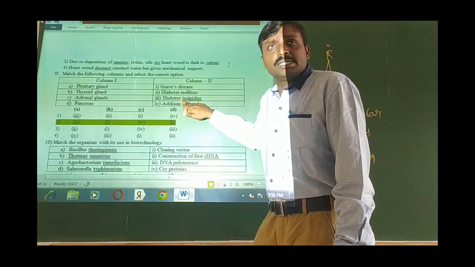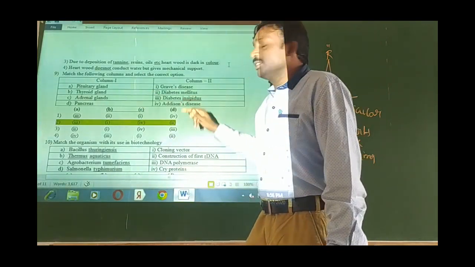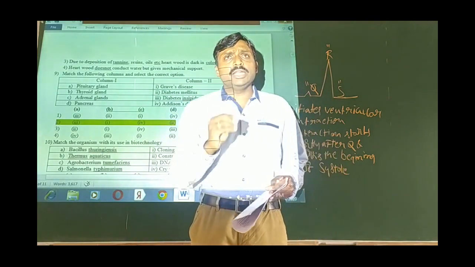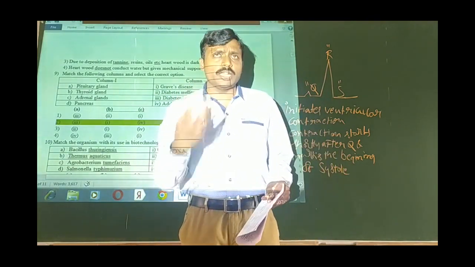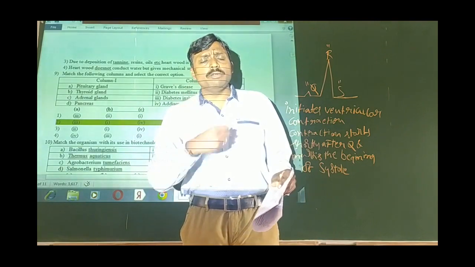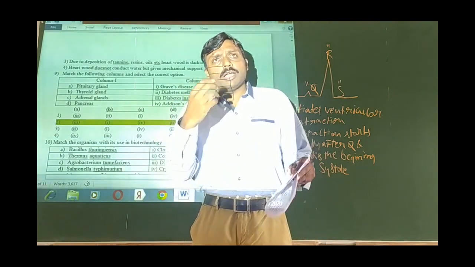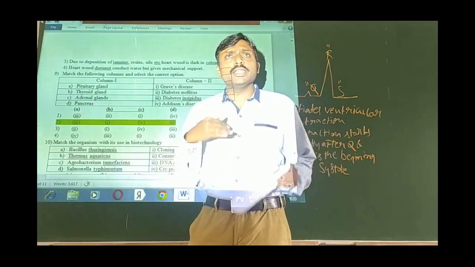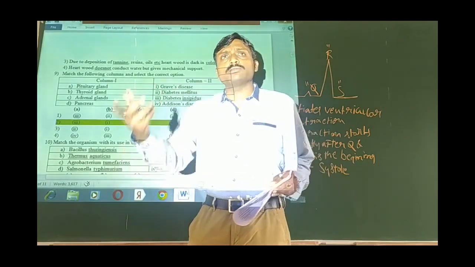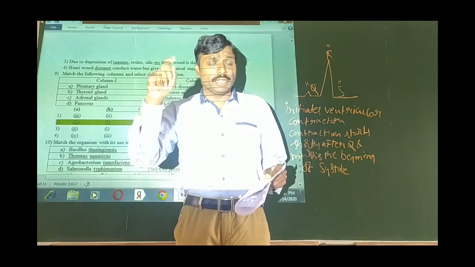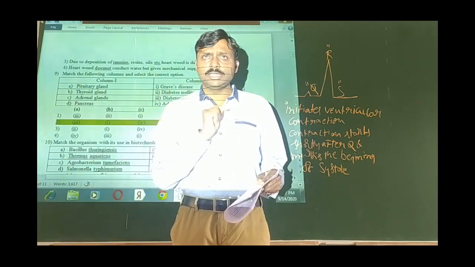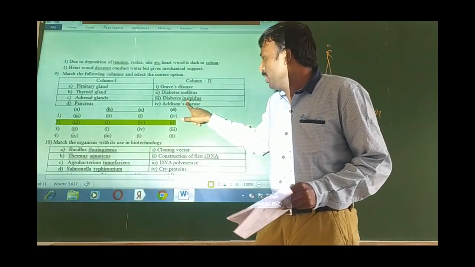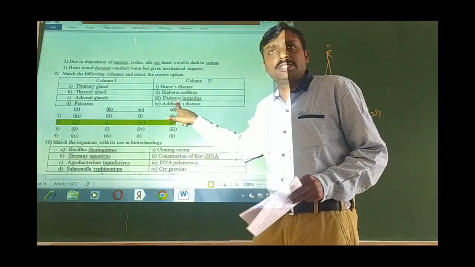diabetes insipidus. So diabetes insipidus is a disease where the patient will feel intense thirst. Okay, so he will keep on drinking water. When the water intake is more, then automatically what happens? High urination will also be seen. So intense thirst and high amounts of urination are seen in case of diabetes insipidus.